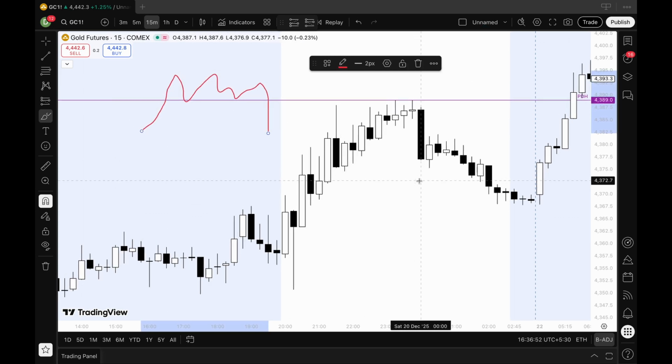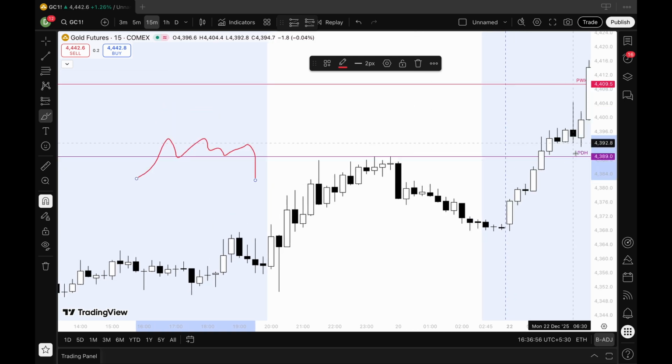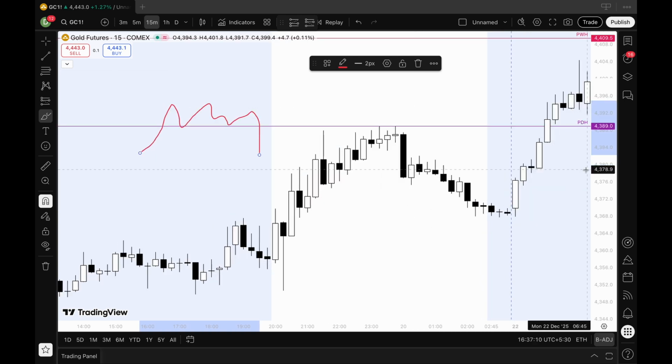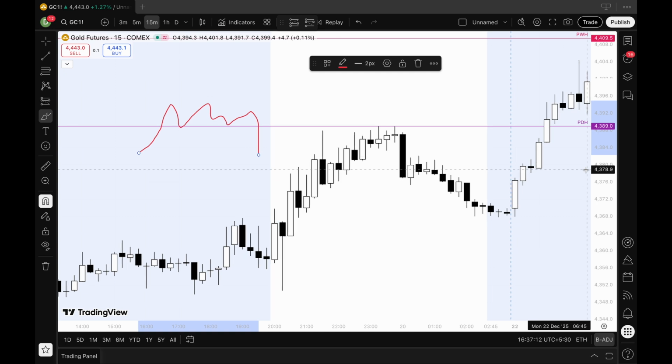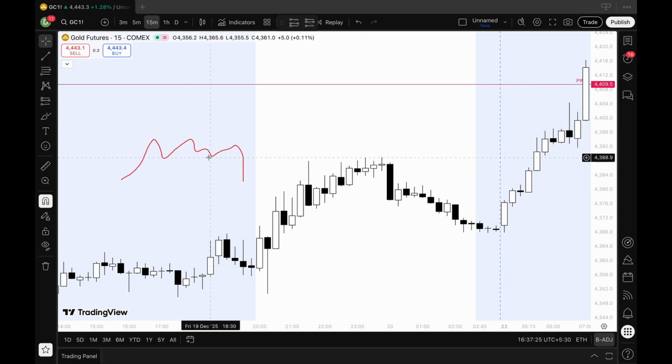At this point it looks as if we are forming a rounded reversal, but look at what happens in the next candle. It just blasts through. So this level for us is invalidated. This previous day high, this time map, now doesn't matter for us, so we remove that, remove this drawing as well.